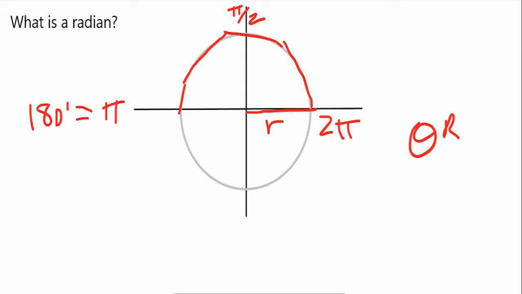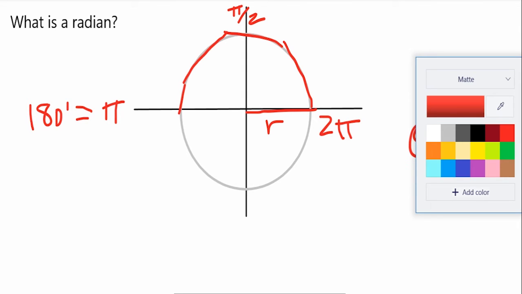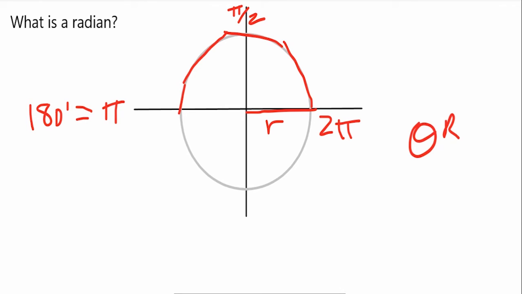Okay, let's take a look at the arc length formula because you may or may not use this. I'm just going to write it down because it's also a good way of helping you understand what a radian is. So the arc length, which is essentially the actual length of this, is equal to the radius times your radian, right? And that makes sense because we know a radius gives us a length value.